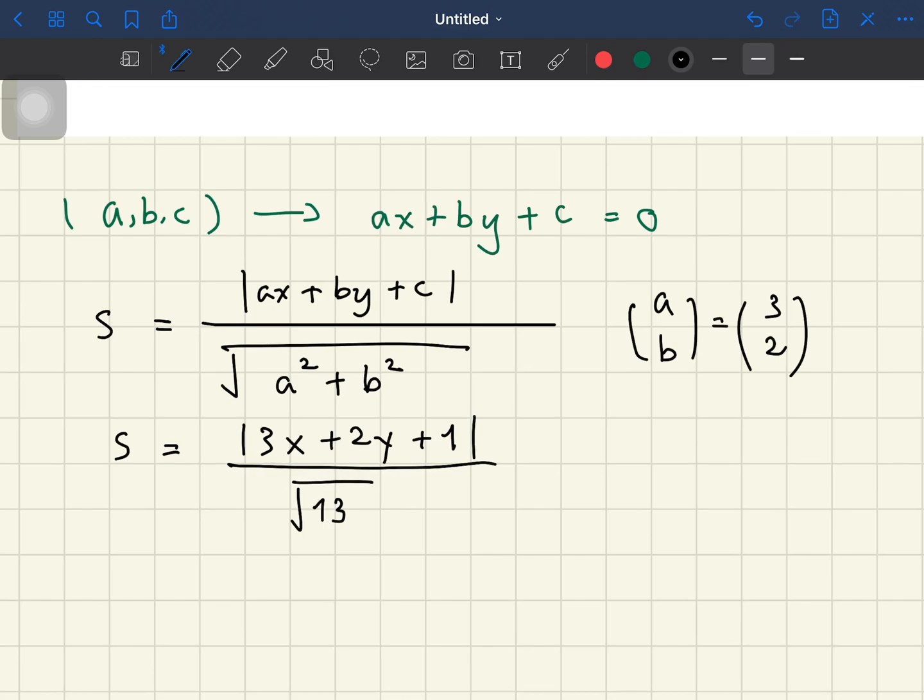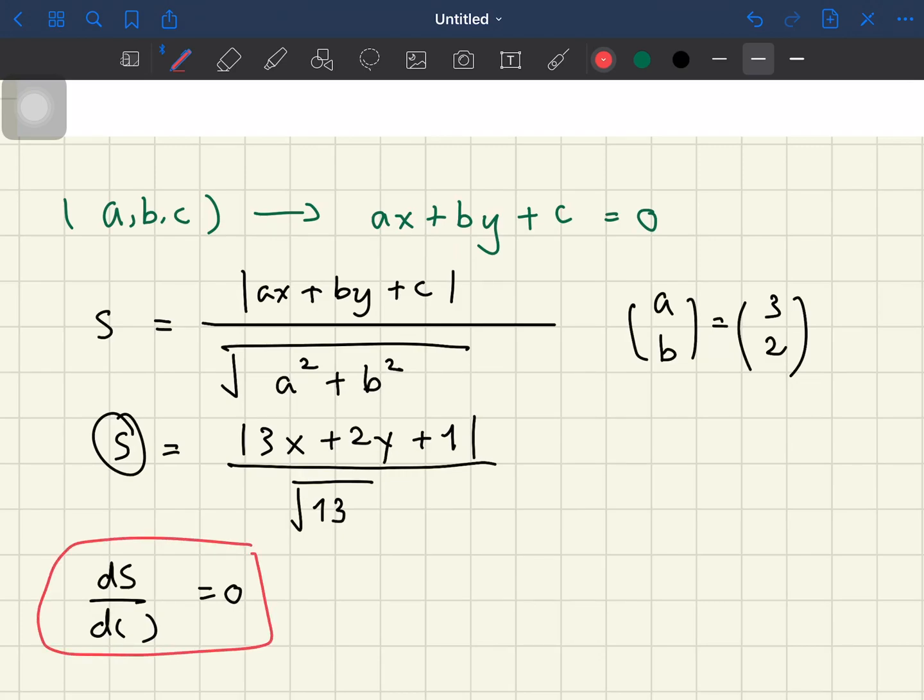So why don't we think a bit in terms of calculus? We need to find the shortest distance, which is just like finding the minimum value of s. So we can use the concept of ds with respect to a certain variable equals 0.